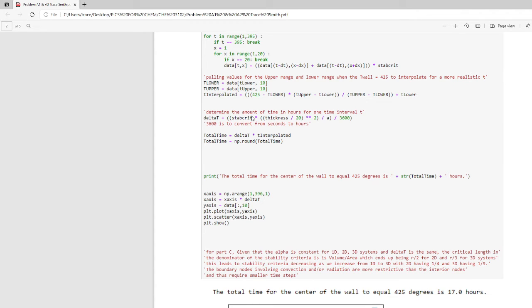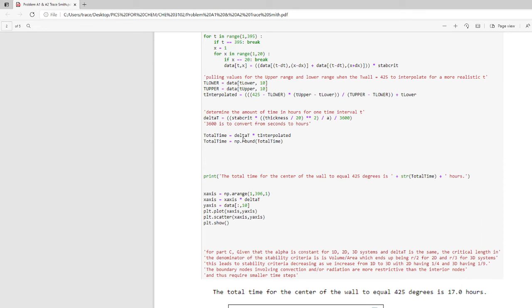And you did that by doing the thickness divided by 20, which is our total divisions of the wall, to the power of 2 times the stability criteria over a, and then I converted from seconds to hours using this 3600.